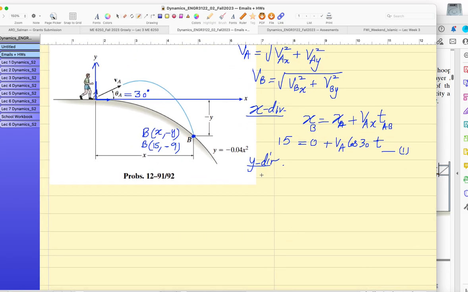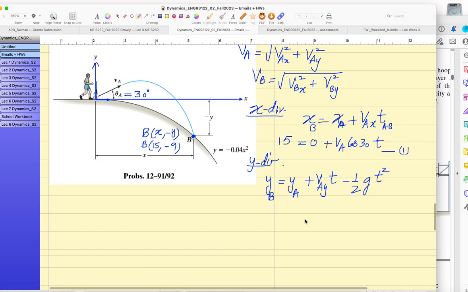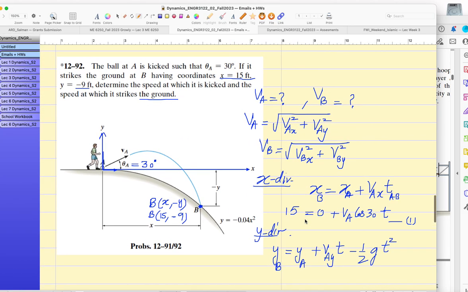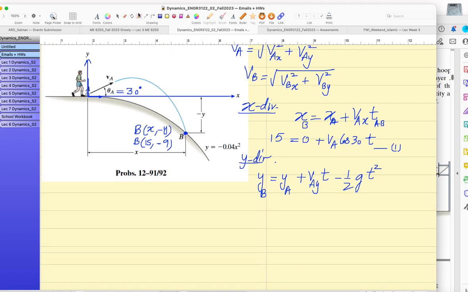Okay, let's use the same equation, the distance formula in the y direction. YB equals YA plus VAY times the time of flight, minus 1/2 g times t squared. And let's see, is g in the SI system or the FPS system? This is the FPS system, so g in the FPS system is 32.2 feet per second squared.